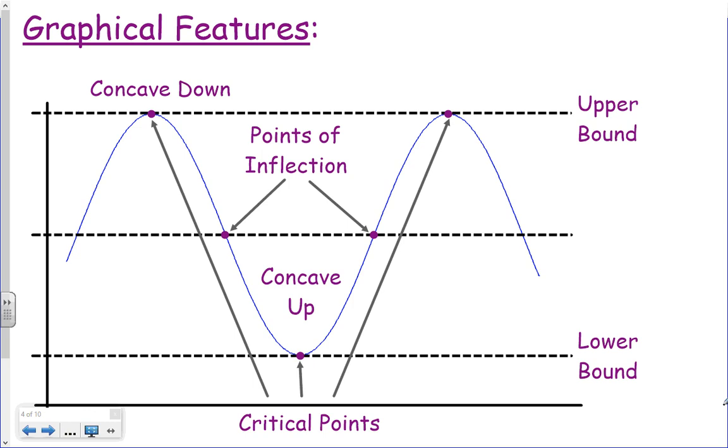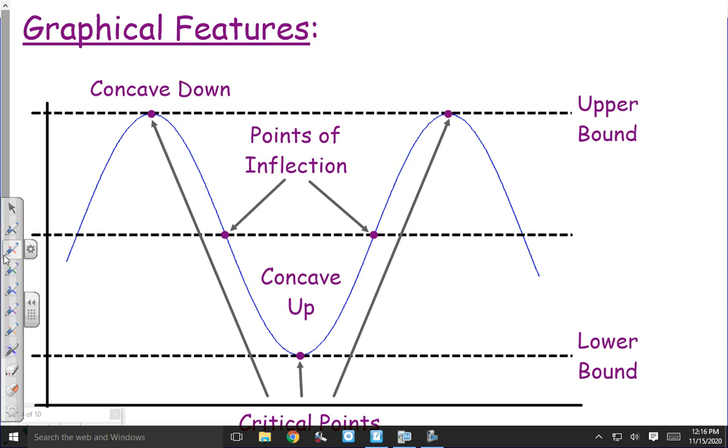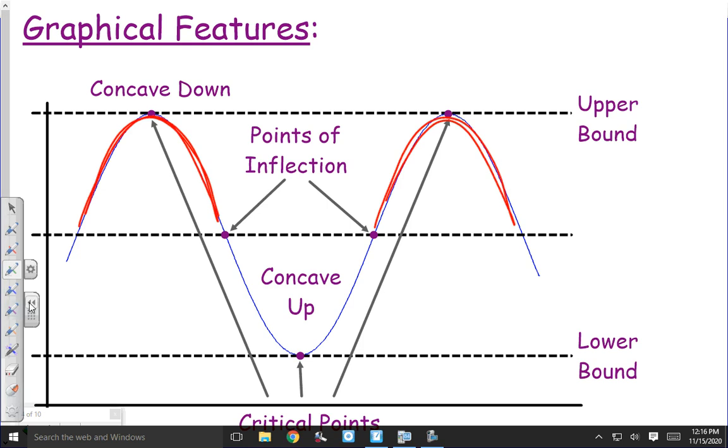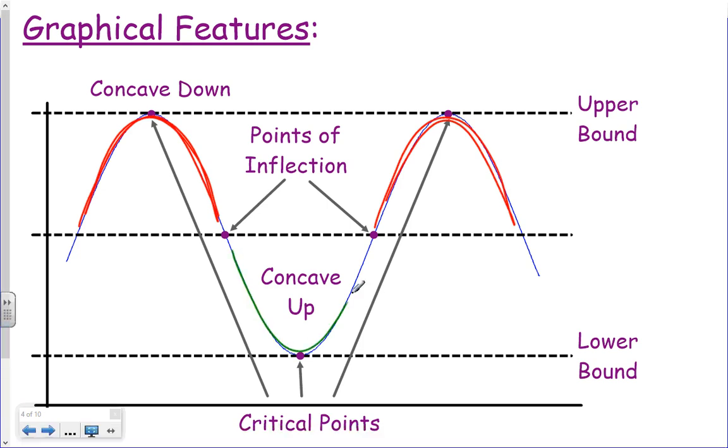And that divides it nicely into sections where we have different concavity. It turns out that if you're above the sinusoidal axis, your graph is concave down. That shape right there is concave down. Here we are concave down again. And if you're below the sinusoidal axis, you're concave up. So this is concave up right here.